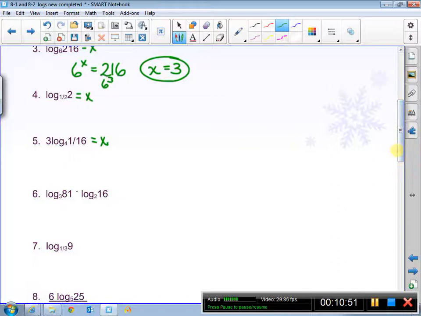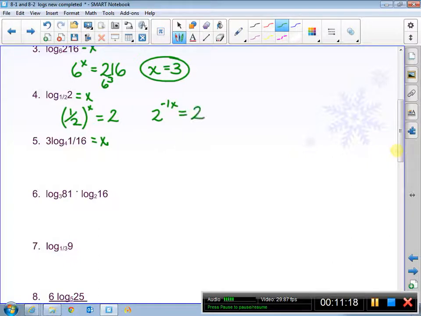Let's do number 4. Base to the exponent equals the number. You got to really pull the information from the last chapter out. 1/2 is the same as 2 to the -1, and that's to the x.